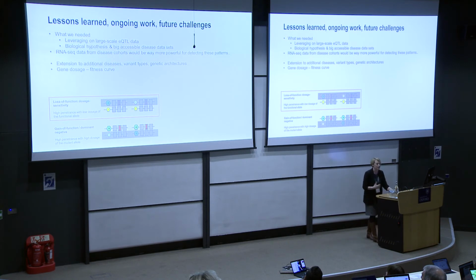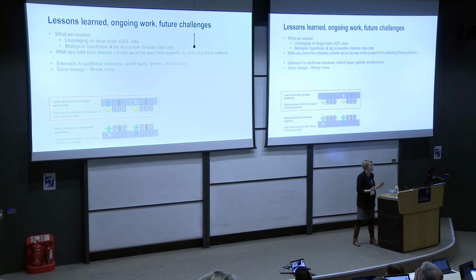That use of priors from previous large-scale studies is really important and productive without getting into candidate gene hypothesis issues. As I mentioned before, this combination of biological hypothesis and big accessible disease data sets was essential for being able to do this work.